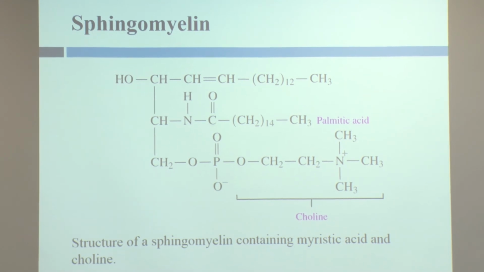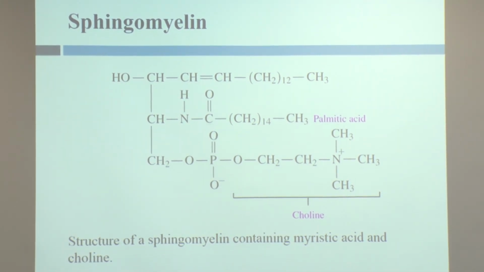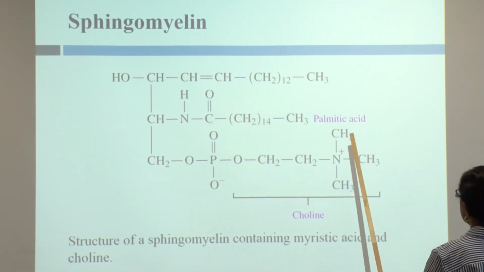So sphingomyelin. Now, this also is on page 530, the structure of sphingomyelin containing myristic acid and choline. I don't know if this is myristic acid or palmitic acid. It says palmitic acid. Check the acid. Which acid are we talking about? It says myristic and palmitic.